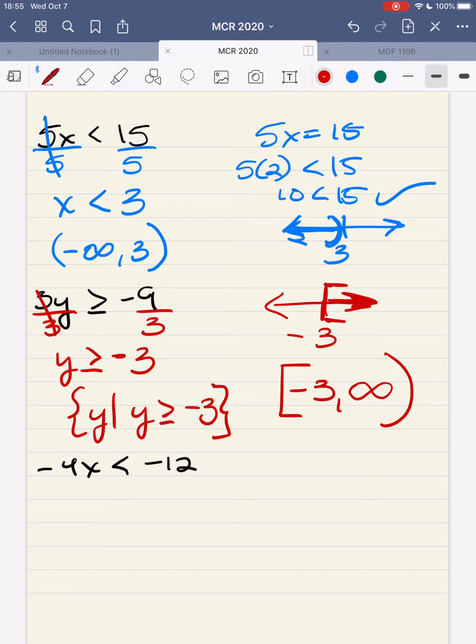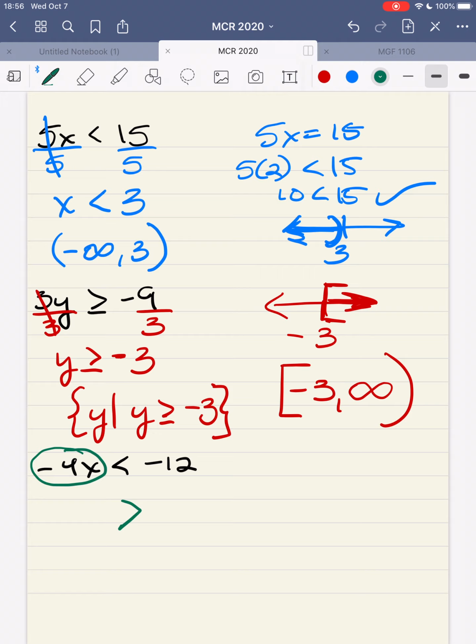The next example is the only time that our rules change. Okay? So in this case here, I have a negative 4x. Whenever you divide by a negative with an inequality, you must change the sign to its opposite.